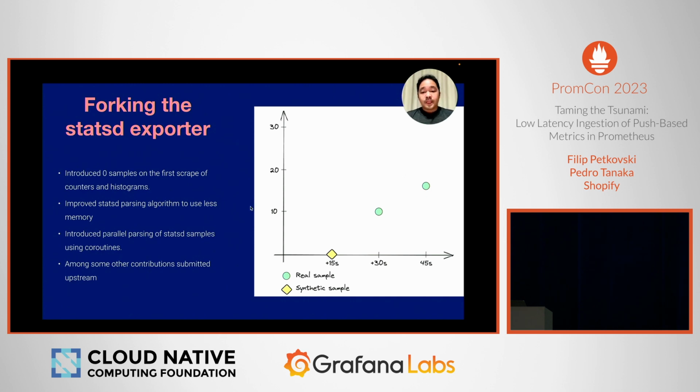We also improved the StatsD parsing algorithm to use less memory, and we introduced parallel parsing of StatsD samples using coroutines and buffer channels, among some other contributions that we managed to submit upstream and got accepted.